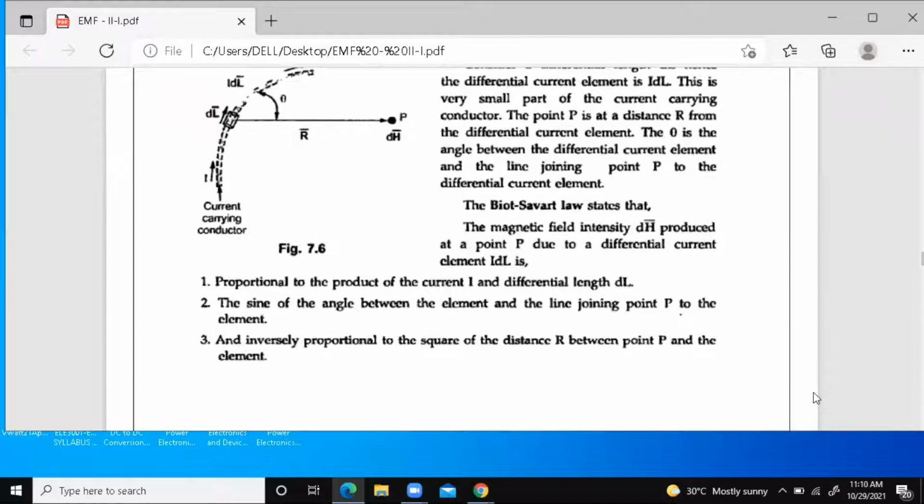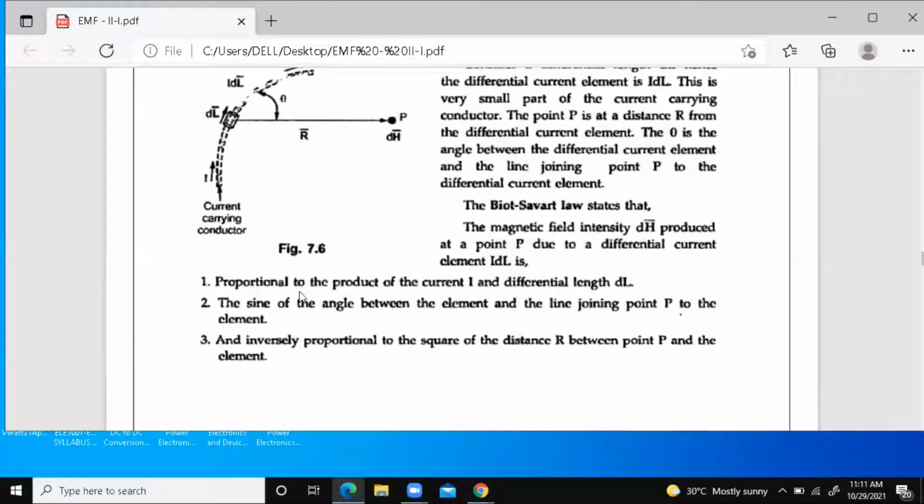So Biot-Savart law states that the magnetic field intensity, dH, produced at a point P due to a differential current element, I dL, is proportional to the product of the current and the differential length, the sine of the angle between the element and the line joining P to the element, and inversely proportional to the square of the distance R between P and the element.